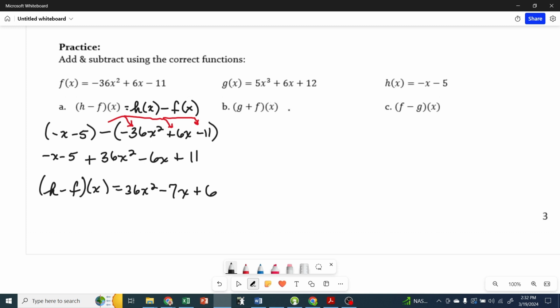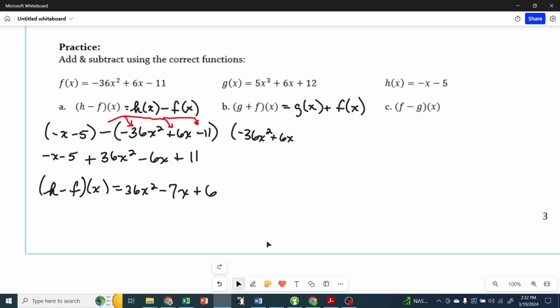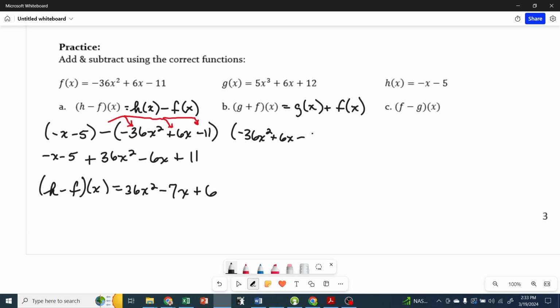Okay, so now in the second one we have g plus f of x. So we're going to keep in mind that that's g of x plus f of x. So g of x is negative 36x squared plus 6x, minus 11 plus, oh, I got this out of order.